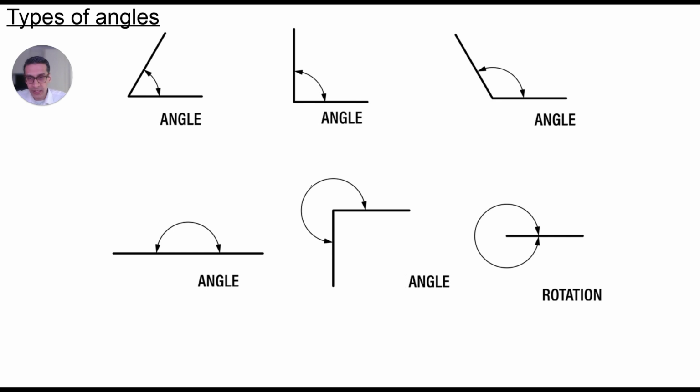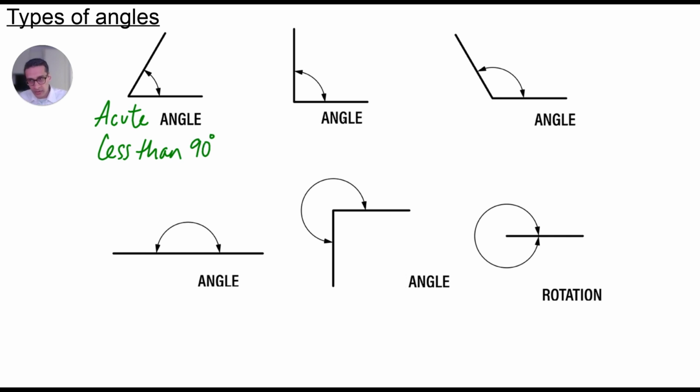And there are specific definitions, or criteria, that each of them have as well. I'm going to do the first one and see if you can do the rest. The first one is an acute angle, and it's an acute angle because it's less than 90 degrees.